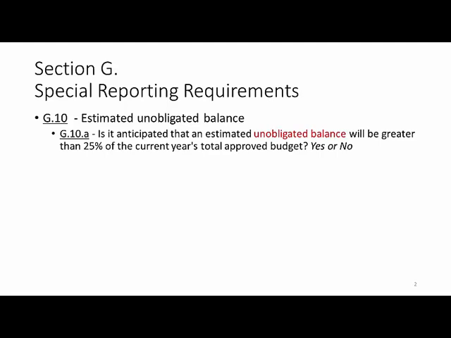This is a big main difference from a research RPPR, where you really need to calculate with your fund manager whether we're going to have an unobligated balance of more than 25% at the end of the year. Generally, with training grants, there is no carryover. You cannot carry funds forward without prior approval.